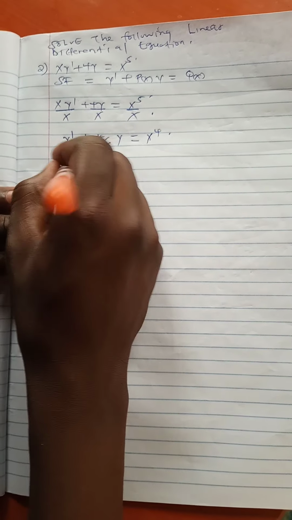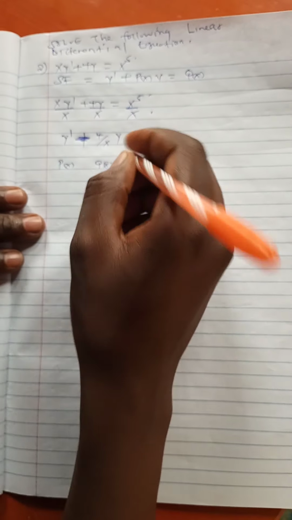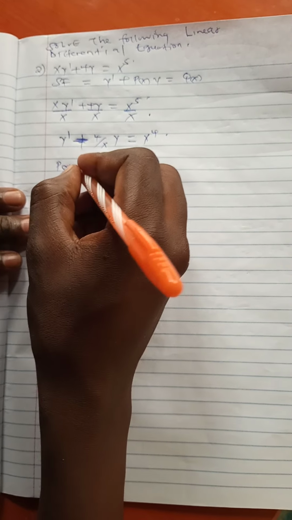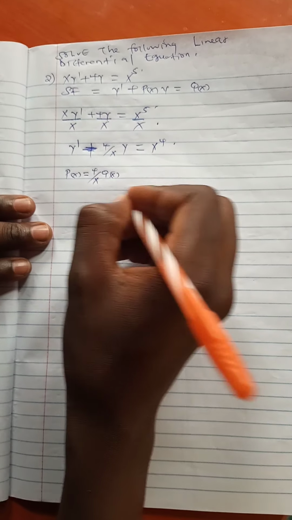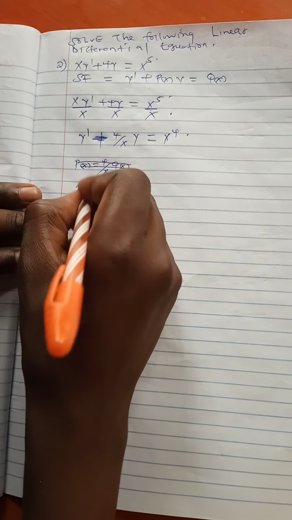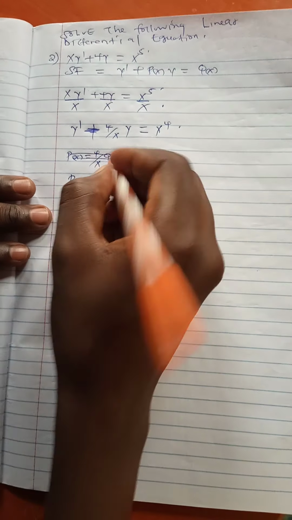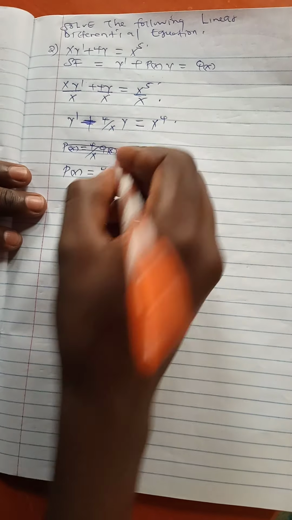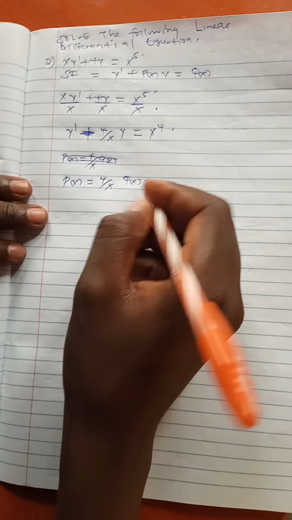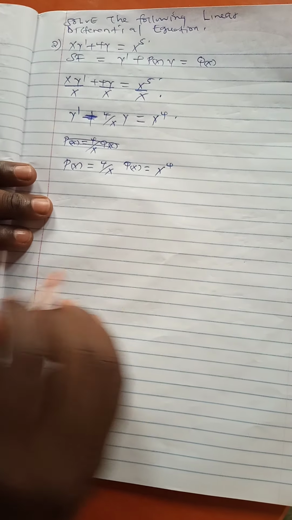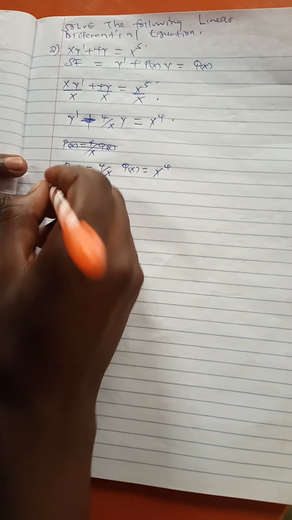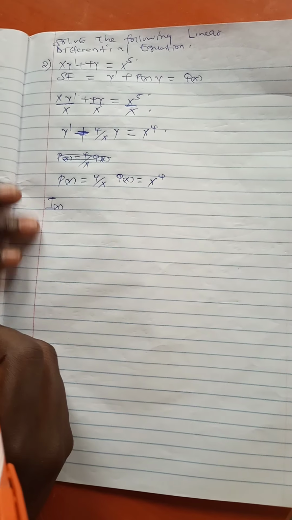Then from here we are going to identify our p of x and our q of x, and then we'll find our integrating factor. Our p of x is given by 4 over x, and our q of x is given by x to the 4, as you can see in our standard form. Now we find our integrating factor, let me call it I of x.